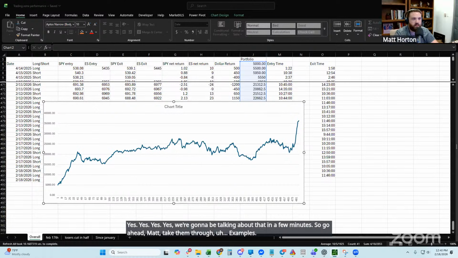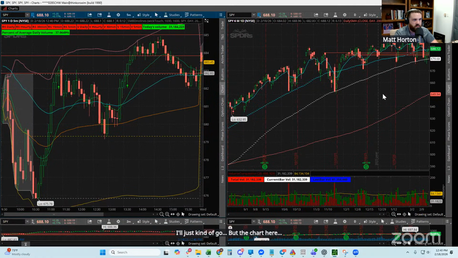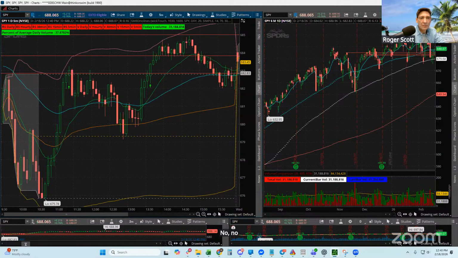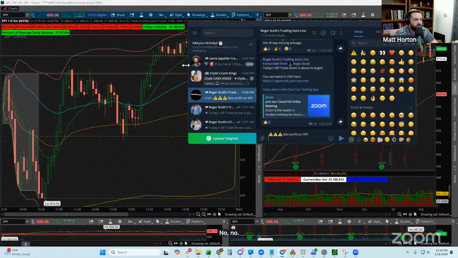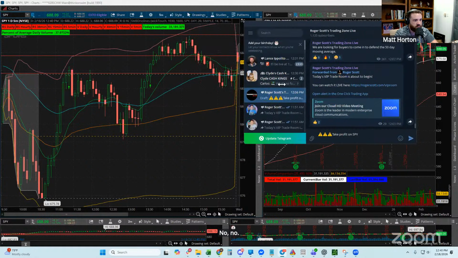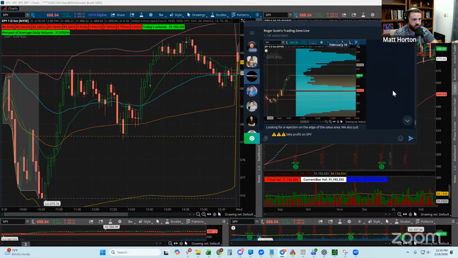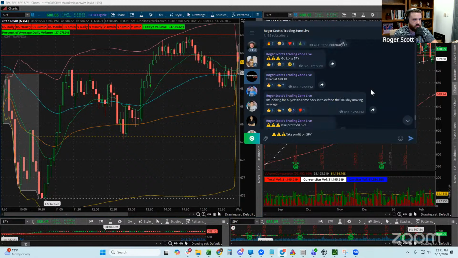I'll just put the chart here. We don't really need to see the daily chart. So that's yesterday's chart. And then I'll just put the Telegram on. And we can go through each alert. And this is Trading Zone Live.